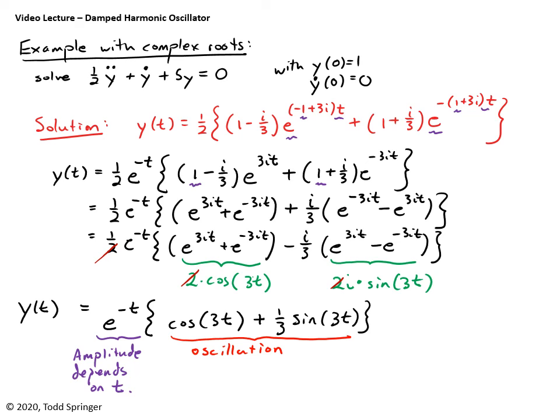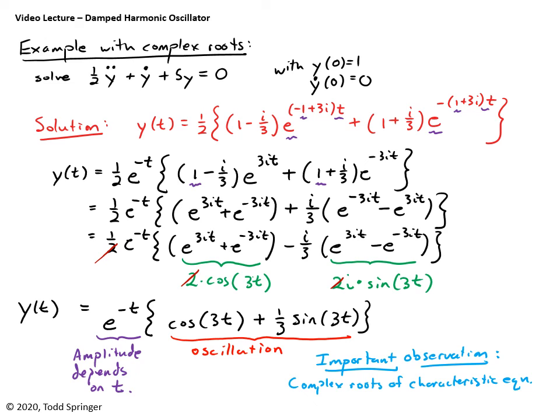Okay, so a couple of important things to note here. Important observation: if the roots of the characteristic equation are complex, which is what we have in this example, I do have an oscillatory solution.